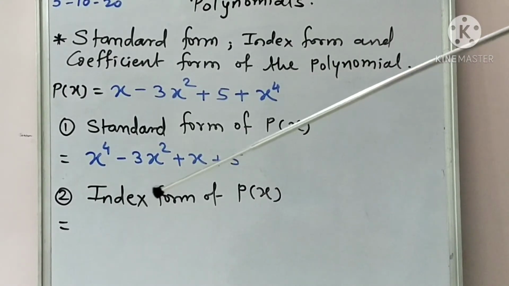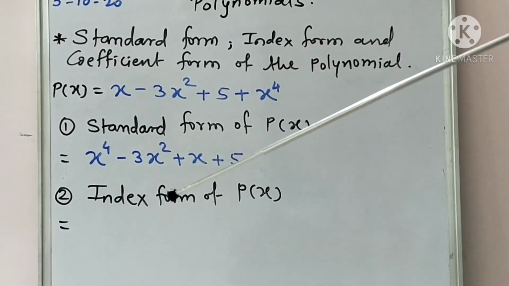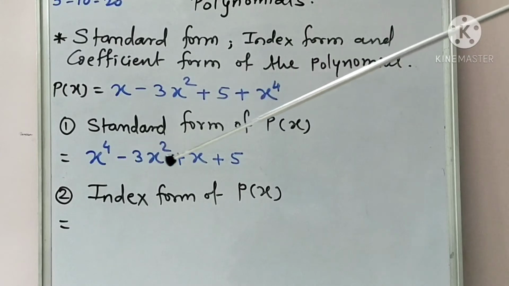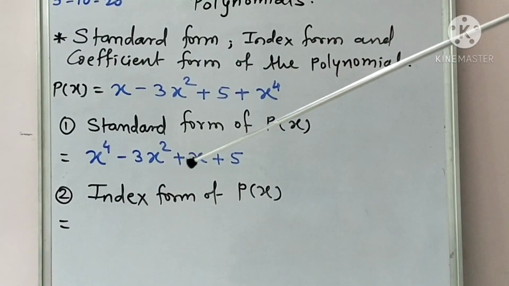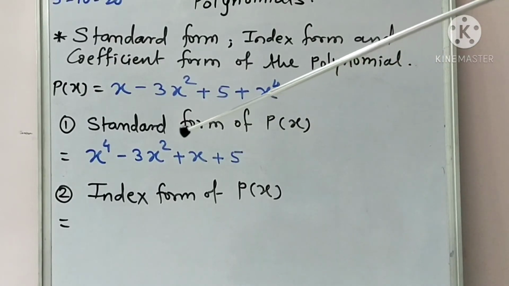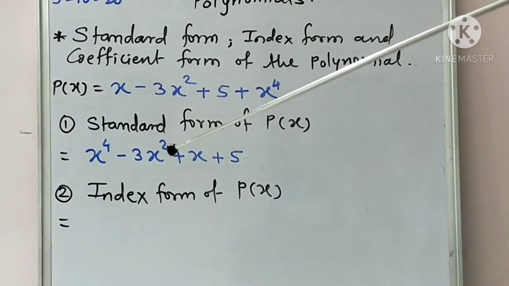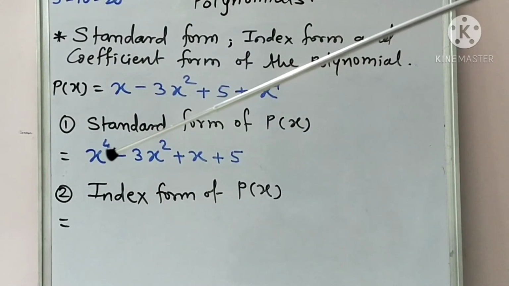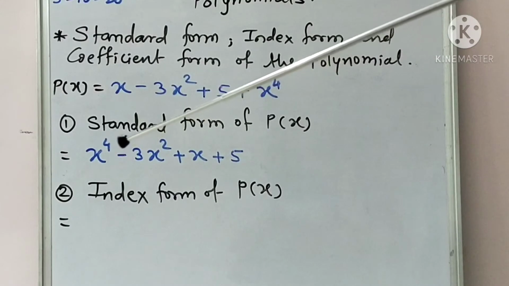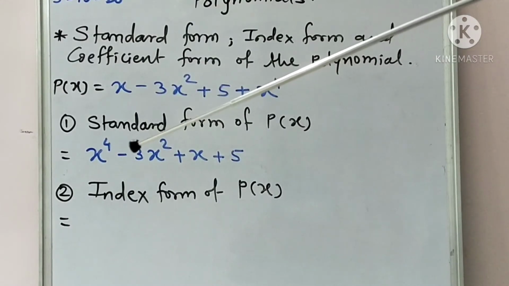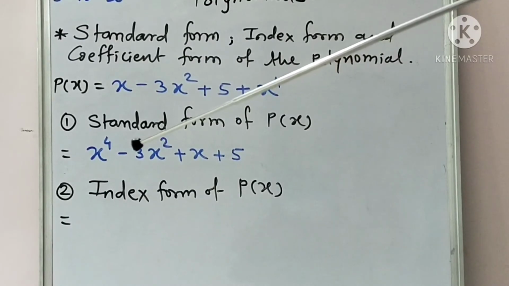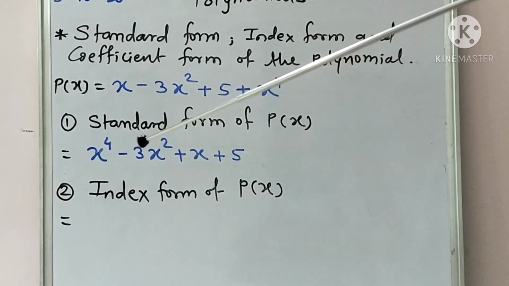Okay, so in index form, what you are supposed to do, students, is like standard form, you write the terms of the given polynomial in descending order of powers, but in case one power is missing, as here the highest power is 4, but after 4 the consecutive number in descending order is 3, and then 2, which means the term with power 3 is missing here.